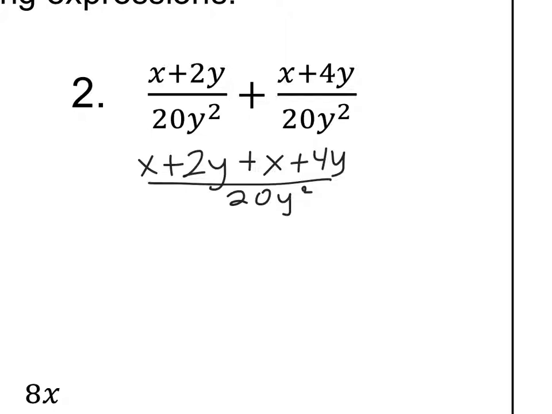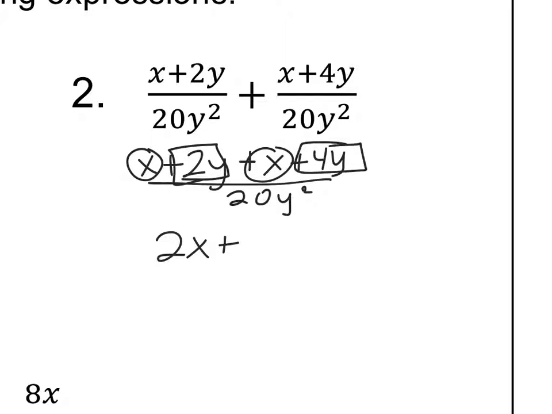Now, since I put them all together, I can just combine my like terms on the top. These are like terms, that's 2x. These are like terms, that's 6y. And we're going to take it all over 20y squared.